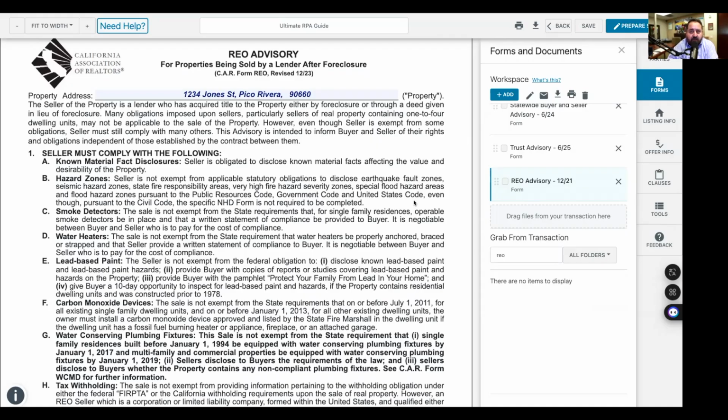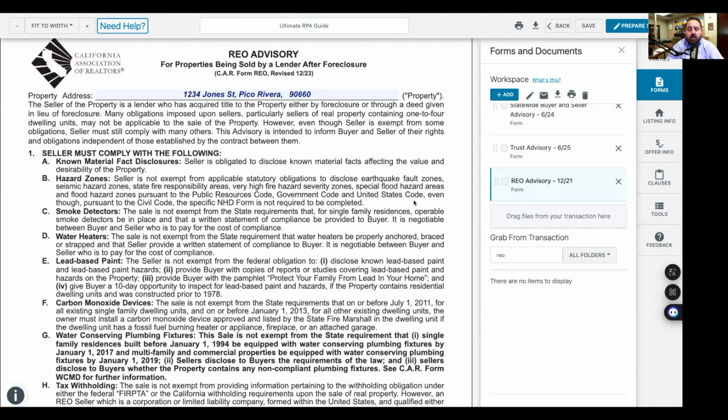But in the case of a probate or a trustee selling a property or trust, the person who's the administrator of the probate, or the successor trustee of the trust, if they have knowledge of anything that is a material fact or defect that may be an issue, they are required to disclose it, even though they don't have to provide a TDS or an SPQ.